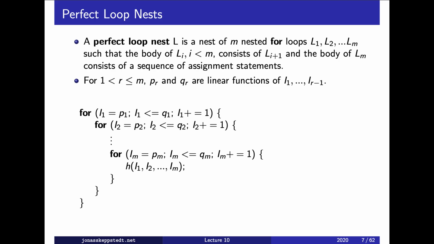A perfect loop nest is one which has only assignment statements in the innermost loop.